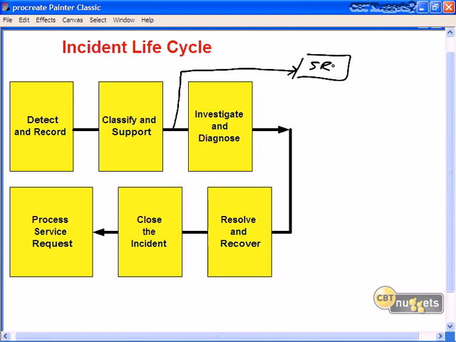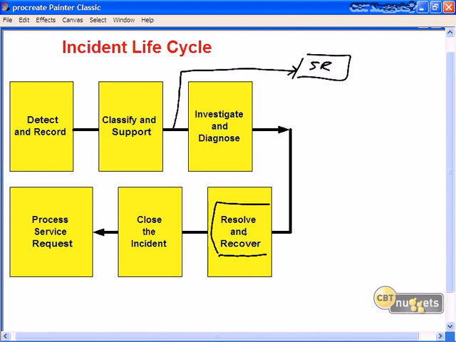Investigation and diagnosis: if there's no known solution at that first tier, then the incident is going to be investigated, either further by that group or it could go through an escalation process. Once you find a solution, the issue can be resolved and the system can be recovered. Again, this step must take place.